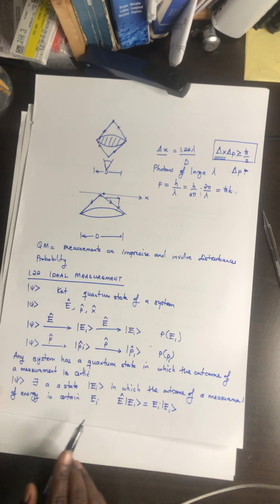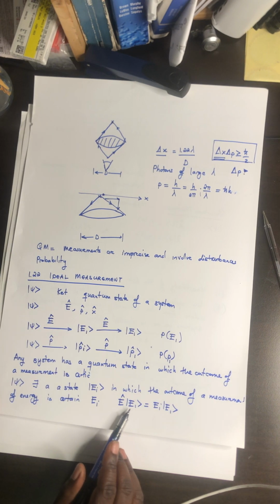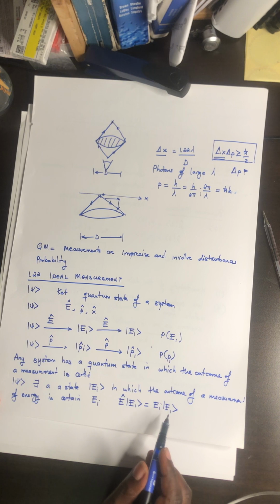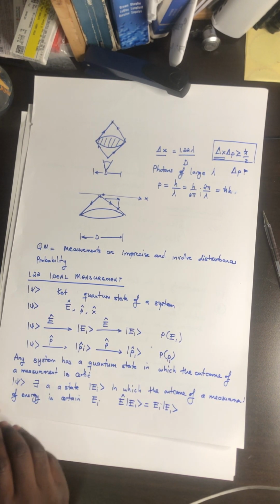So there's something special about these states where you are certain to get a particular outcome of measurement, that ensures that they are not disturbed by the act of measurement.